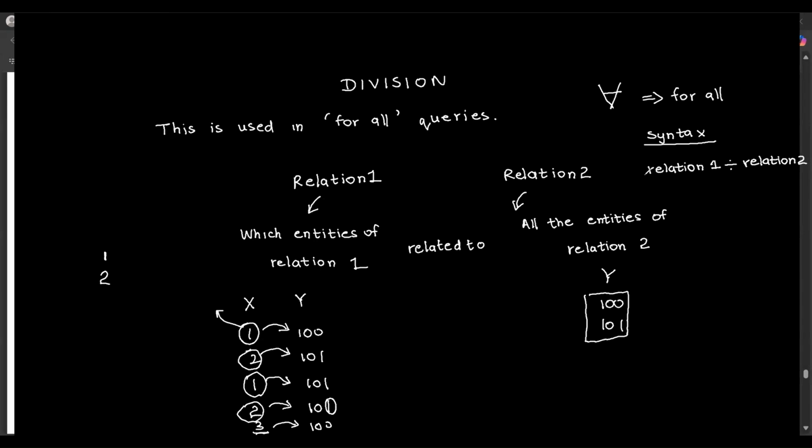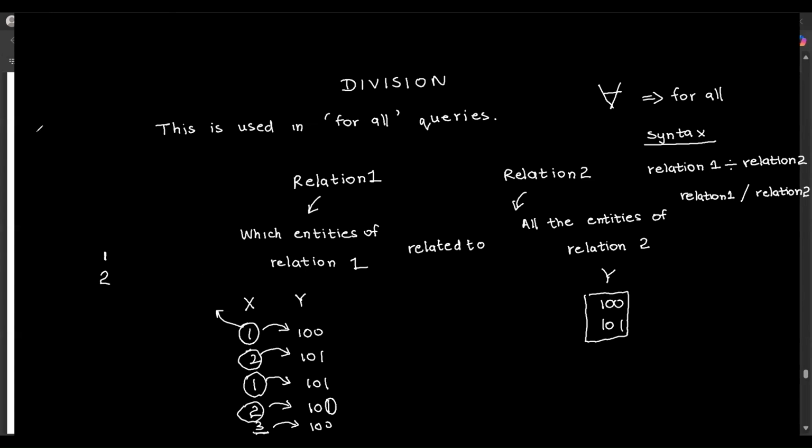To put it in formal English, division helps us find entities in one relation which are related to all the entities of another relation. Relation 1 divided by relation 2, using this notation. This is what we call division.